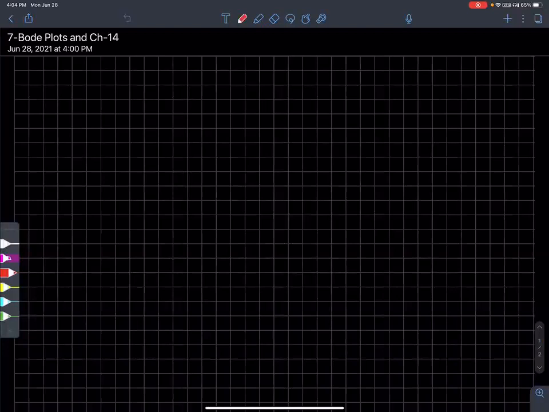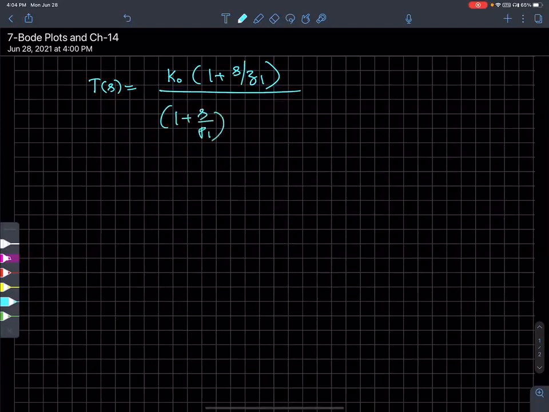Let's assume you have some transfer function in this form, K naught, then in the standard form, 1 plus S by Z1, over 1 plus S by P1, 1 plus S by P2, something like that. Let's do just 2.